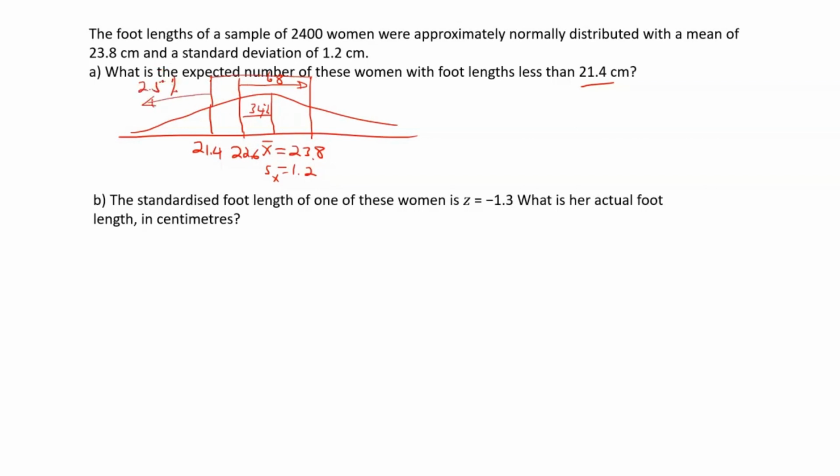Now we want to find out the expected number of these women with less than 21.4. That's going to be 2.5 divided by 100 times 2,400, which gives us 60 women.